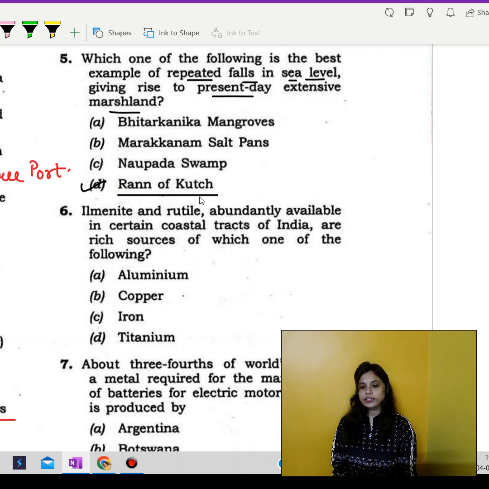Now, Run of Kutch is a vast salt marshy land which is located in the Thar Desert of Gujarat, India. It is known for its unique ecosystem and is characterized by extensively marshy areas. And the region has experienced multiple cycles of sea level fluctuations over time, leading to the formation of this marshland in the present day.